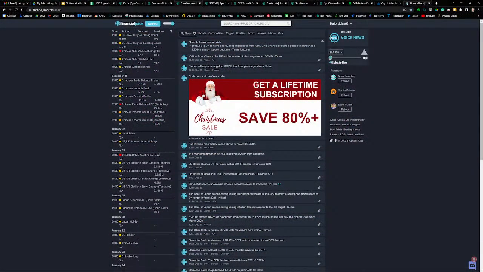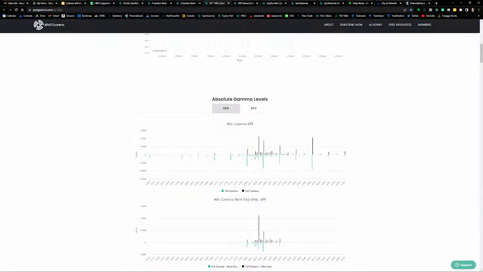And let's take a look now at the S&P 500 charts, and we'll see the levels and the absolute gamma levels. So this is the SPX absolute gamma levels, and the black lines above the zero line are call gamma, and the teal lines below zero are put gamma. So there's the first significant level at 3,800, and that is the put wall for SPX. And then here is that 38.35 call wall strike that we've been talking about all week.